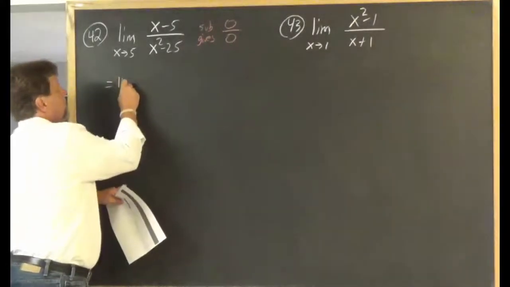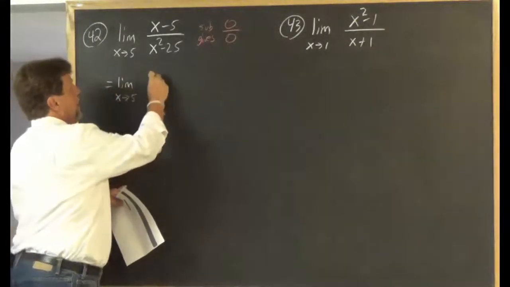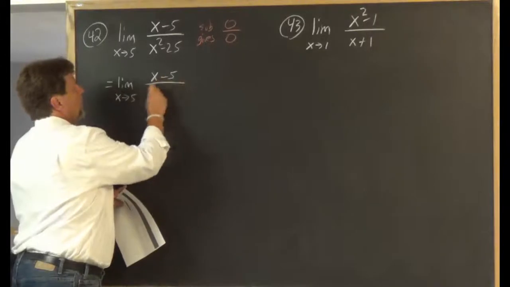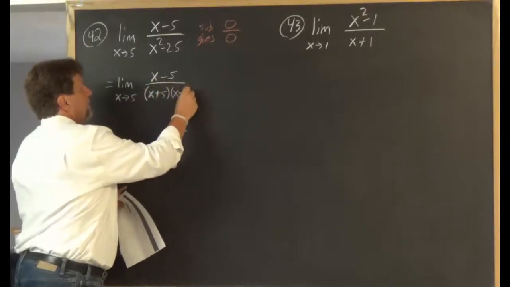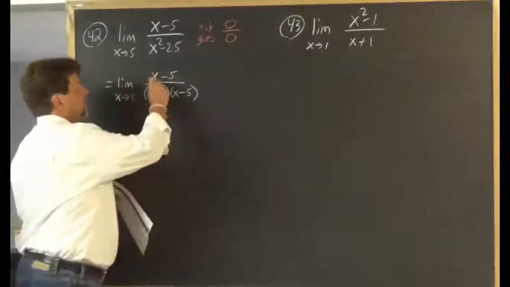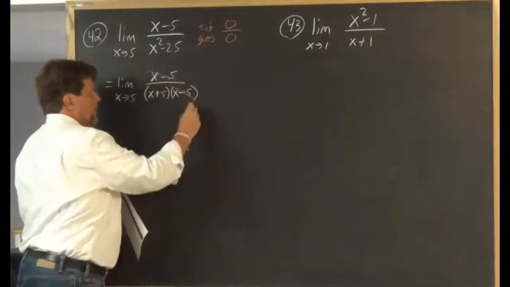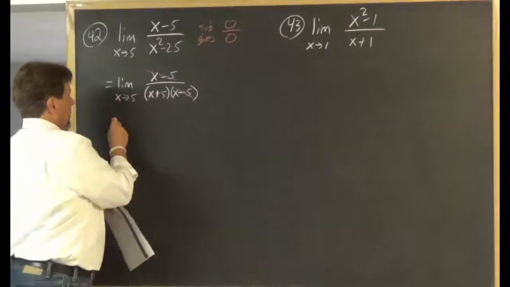So our algebra magic, we're going to factor the denominator. It's a difference of two squares. So it factors to x plus 5 times x minus 5. And then once we've factored it, we can cancel out the x minus 5s. Keep in mind that leaves us with a 1 in the numerator.